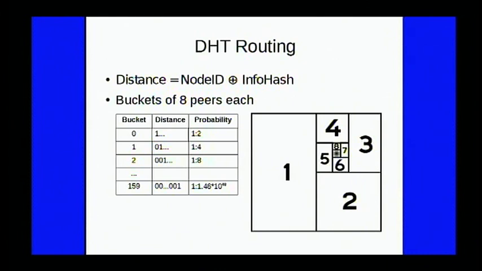And this representation should clarify that it's less probable to have a neighbor that is in bucket 8 or even a higher bucket.